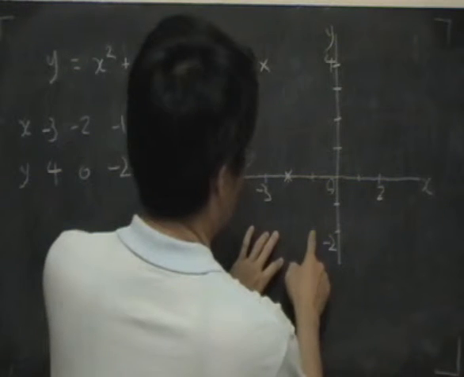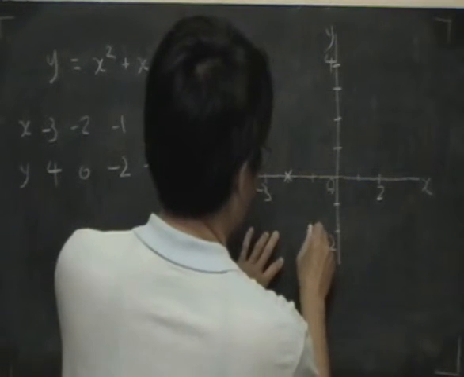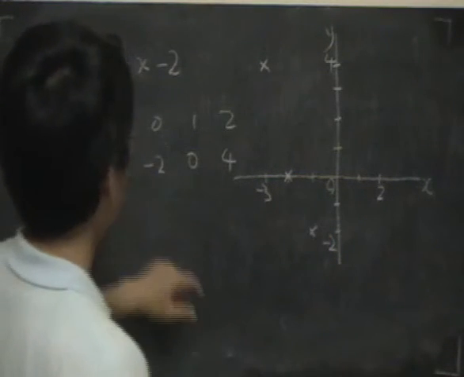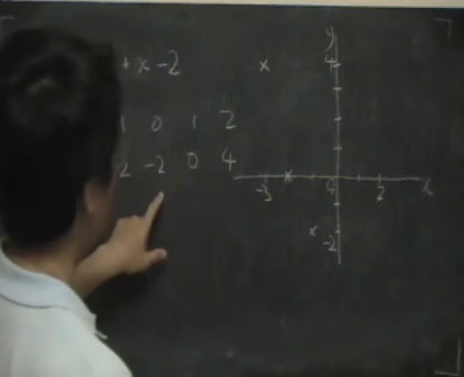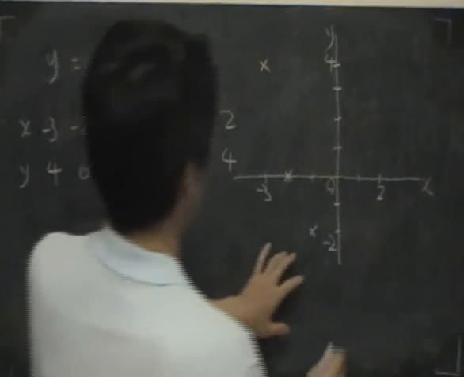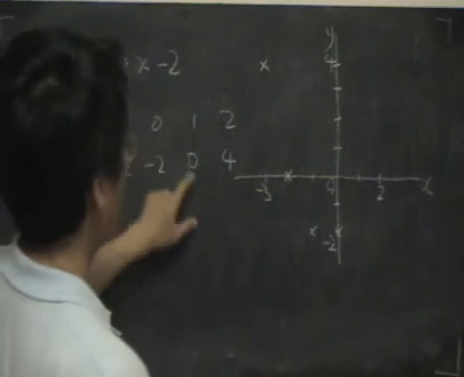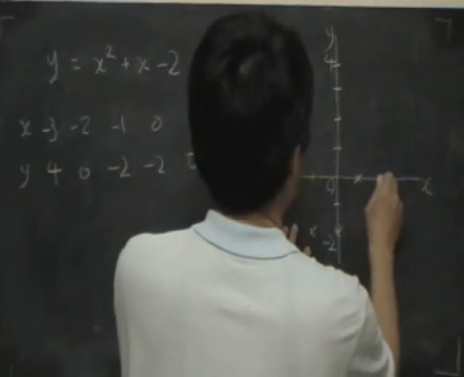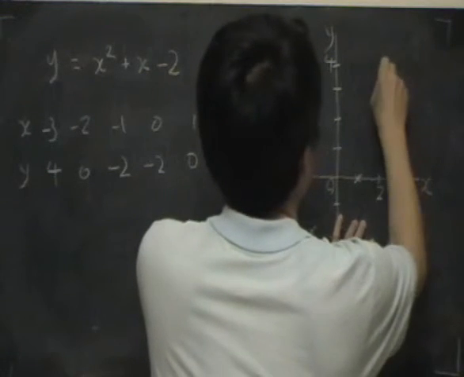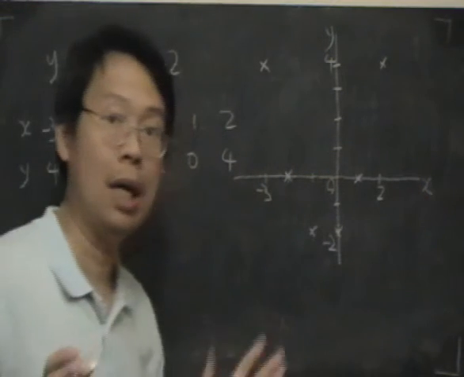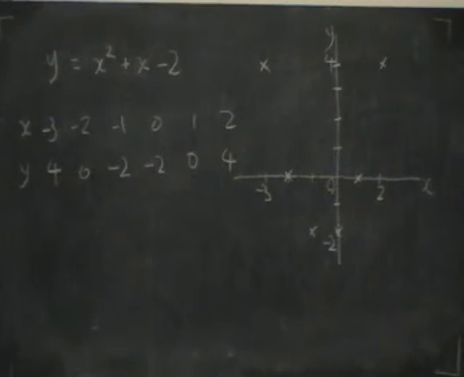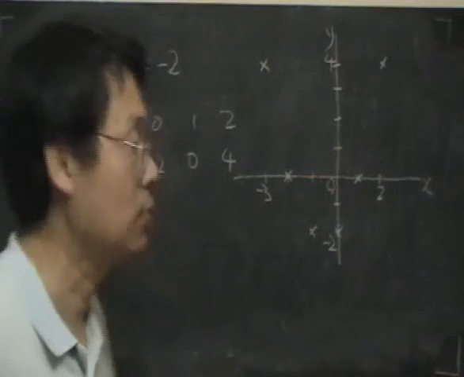Minus 1 and minus 2 here. And then likewise, the 0 is minus 2 again. Minus 1 is 0. Minus 2 is 4. So there we have the points and we can draw a curve through them.